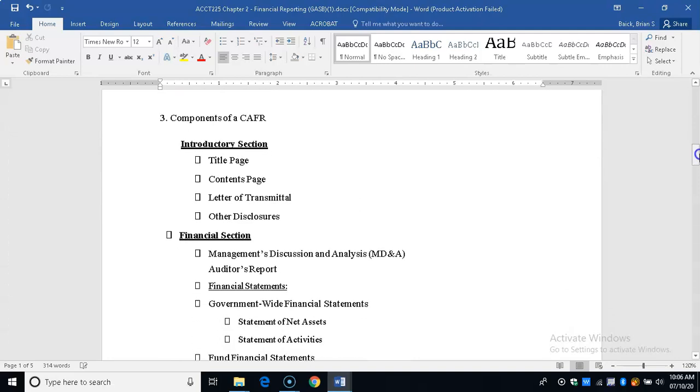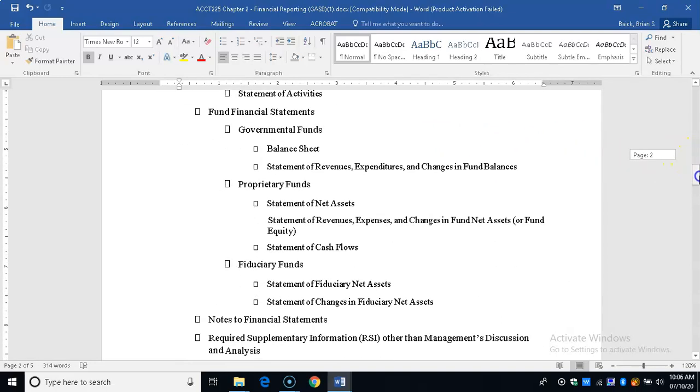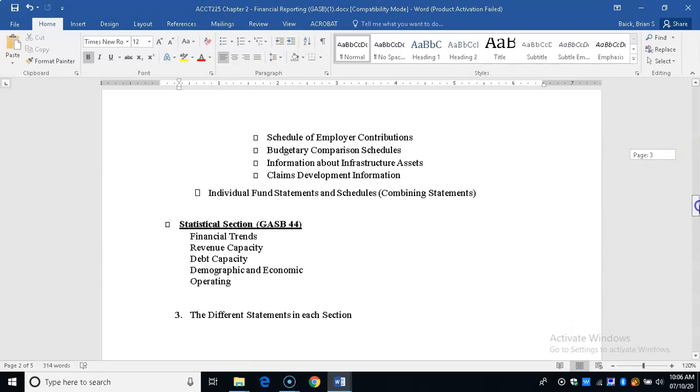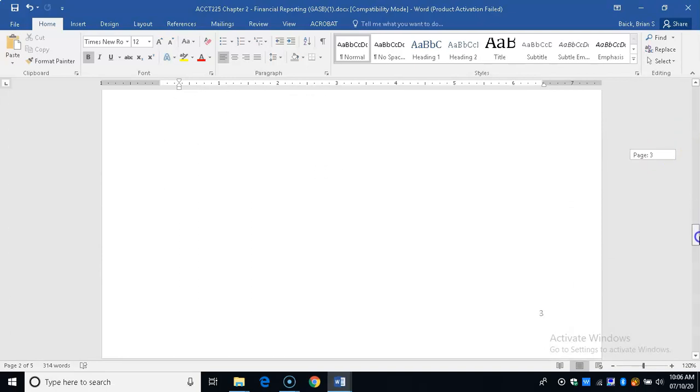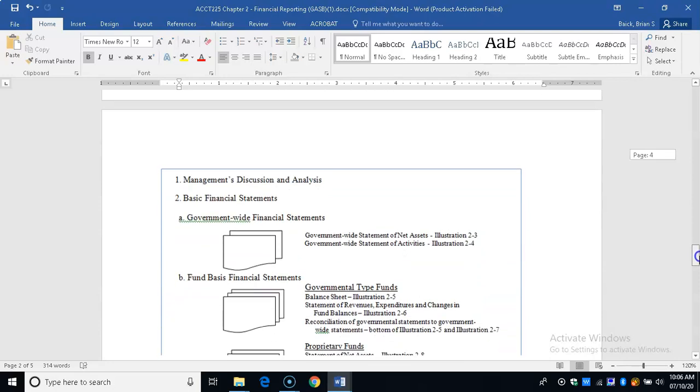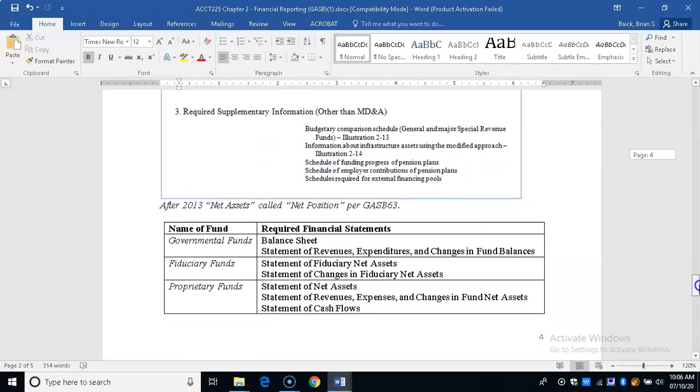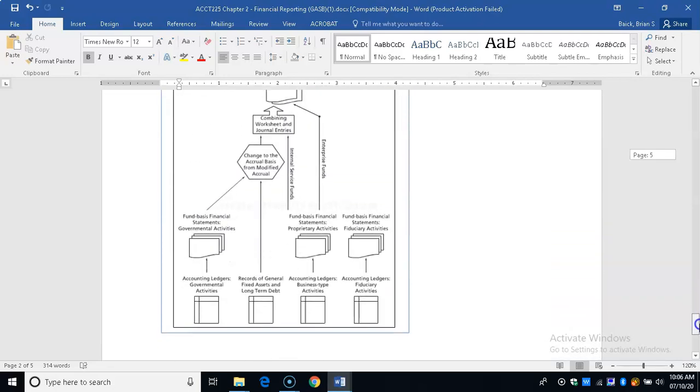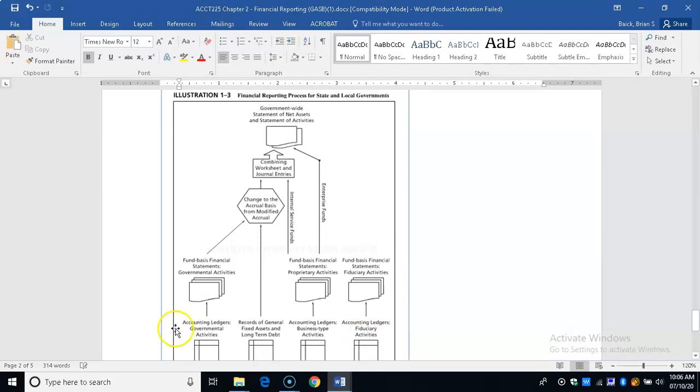Now, if you want to see what the exact components of a CAFR are, we have the notes here, and you can take a look at that yourself. But the most important thing to remember, again, is that governmental funds, proprietary funds, and fiduciary funds, they combine together and create the government-wide set of financial statements.